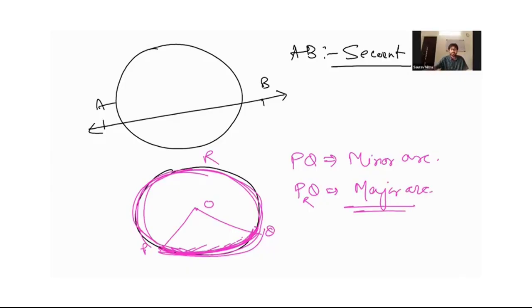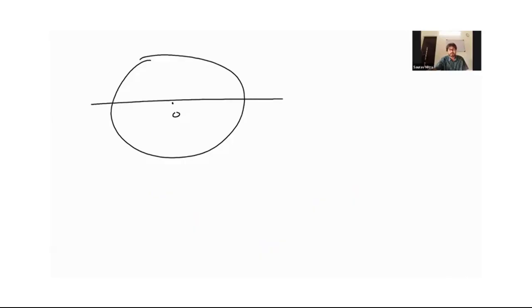Then next term, semicircle. What do we mean by semicircle? See, this is your complete circle. If I draw a line and divide the circle into two parts, then this will be one of the parts.